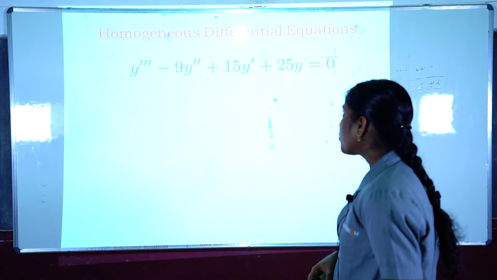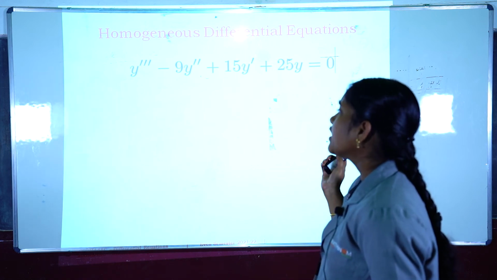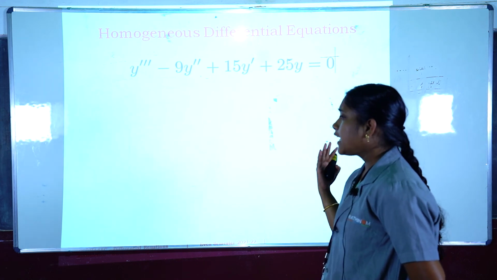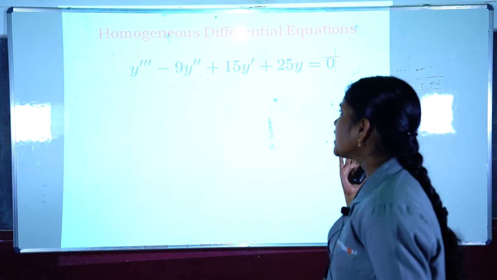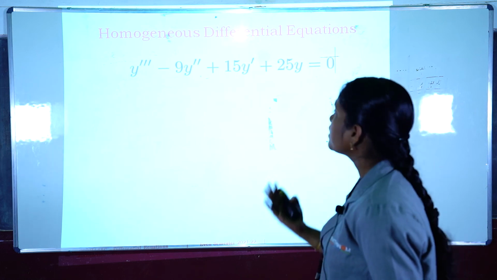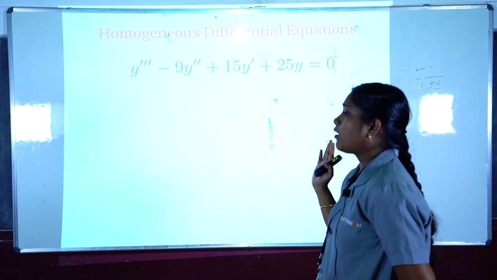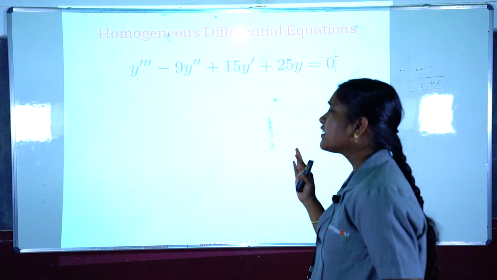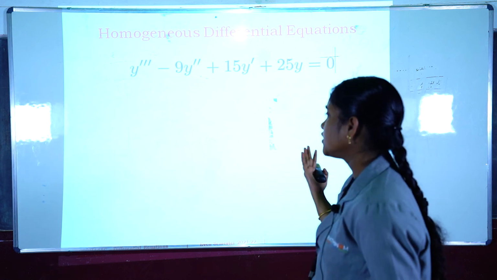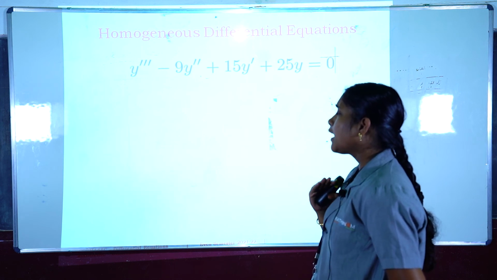And the next one is the homogeneous differential equation. In this equation we don't have any derivatives like dy by dx or d square y by dx square, but we can say that this is also a differential equation. Why? Because it is the implicit form of a differential equation. We can't explicitly see these derivatives in this equation, so it is known as the implicit form.